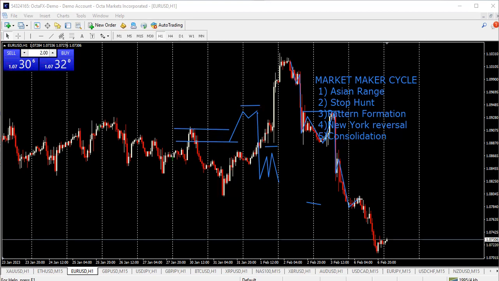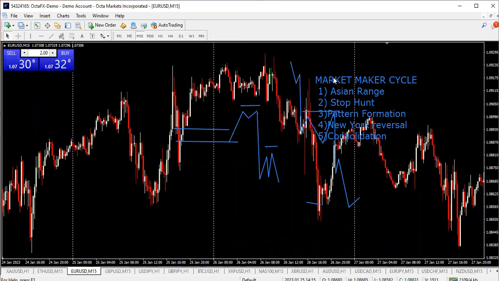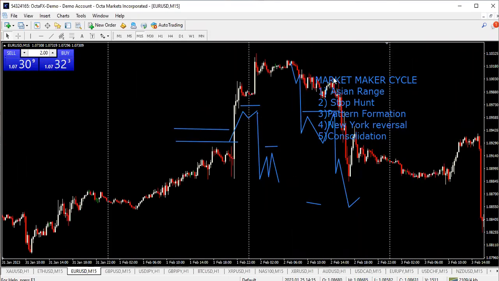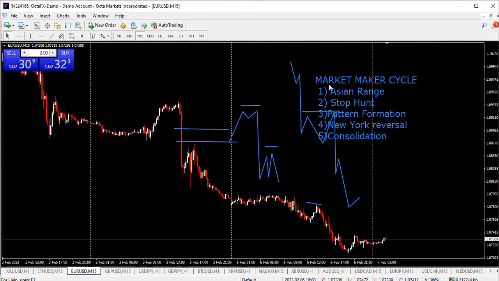So what I did was move back to the 15-minute time frame. I don't want to remove this 15-minute time frame from the charts. When I got to the 15-minute time frame, what was I looking at?